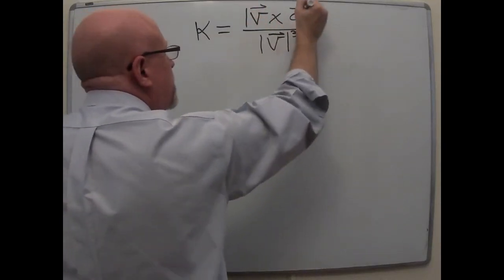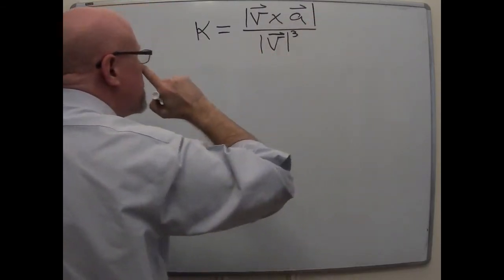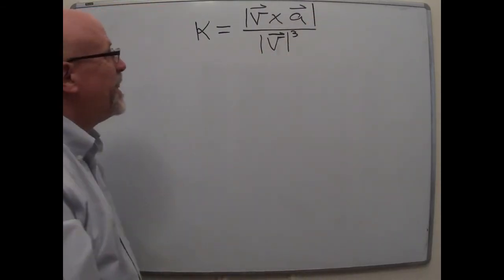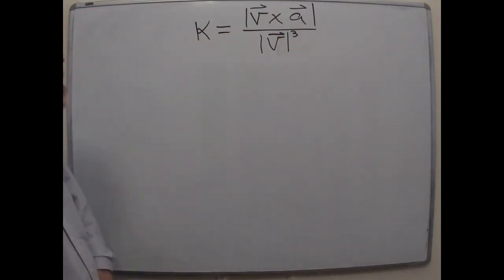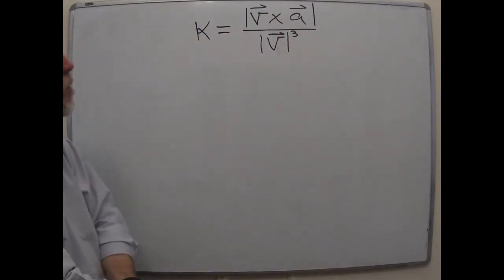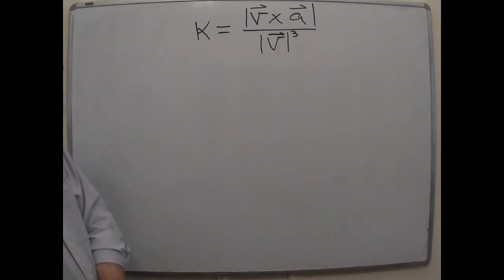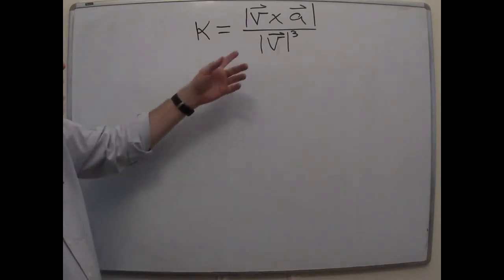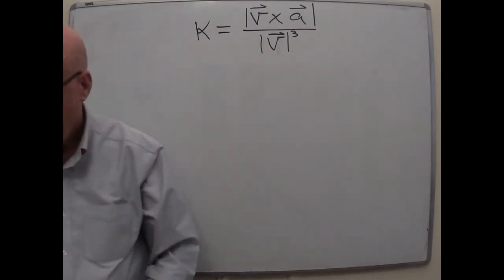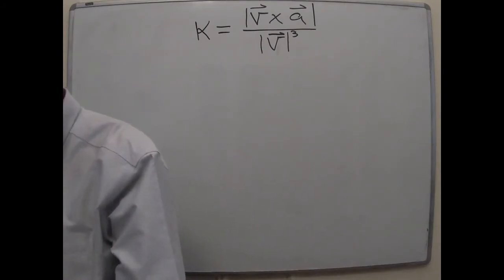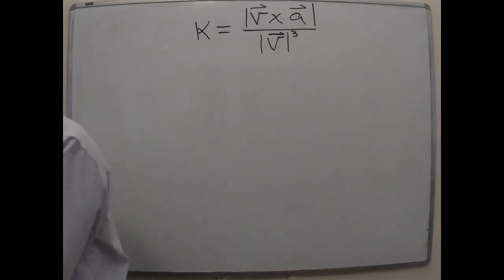I'm constantly forgetting the lengths part, because this is supposed to end up being a number. The way I had originally written it without the absolute values, that would be a vector. So figure out the cross product of velocity and acceleration. That's not terribly hard. And then figure out the speed, the length of this guy divided by the speed cubed. Interesting little alternate formula. Let's see how it gets derived.